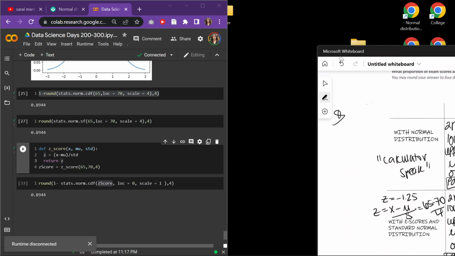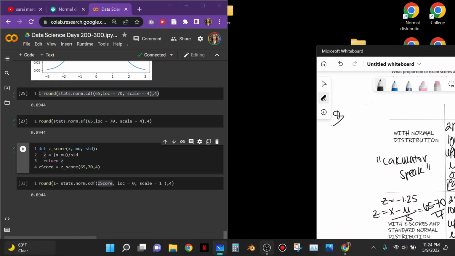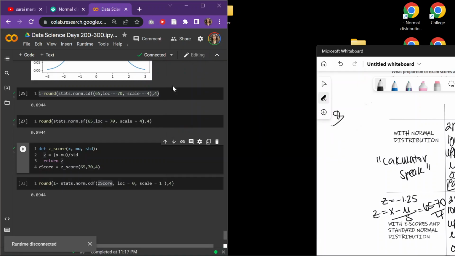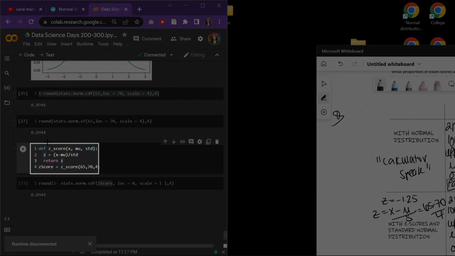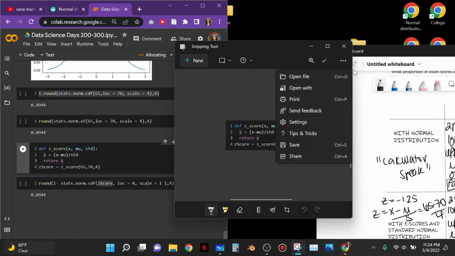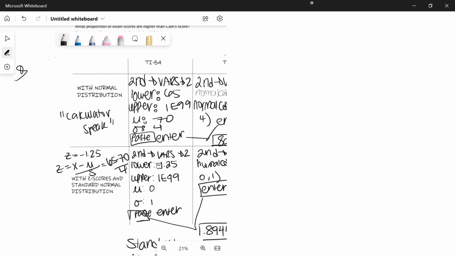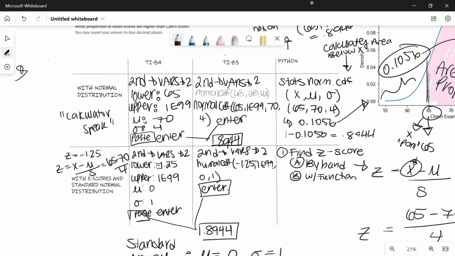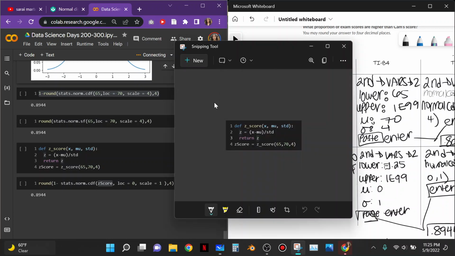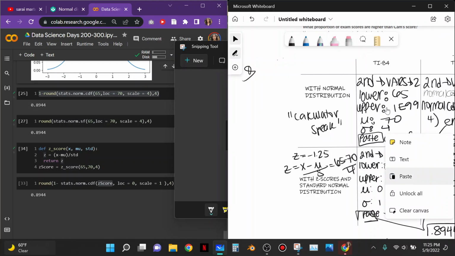So let me just take a screenshot of that function. Hopefully I can paste it. Nope, I guess not. I'm gonna have to save it. Really? I could have pasted it?